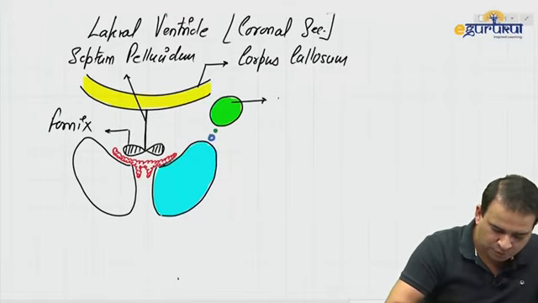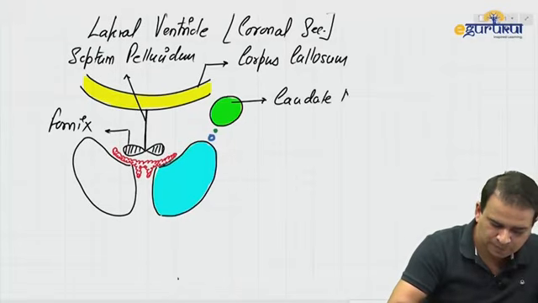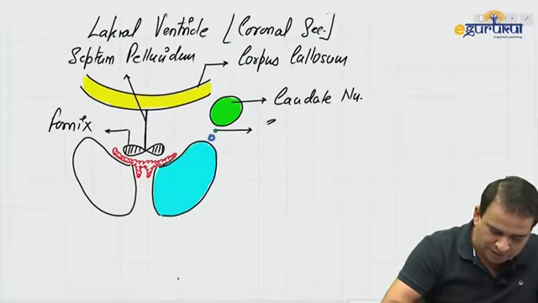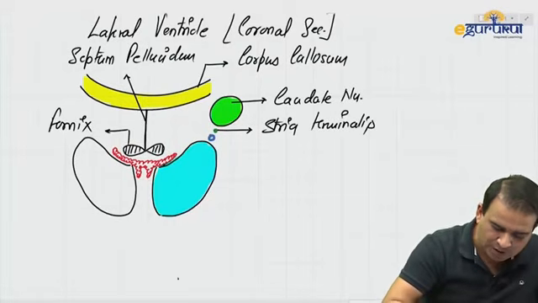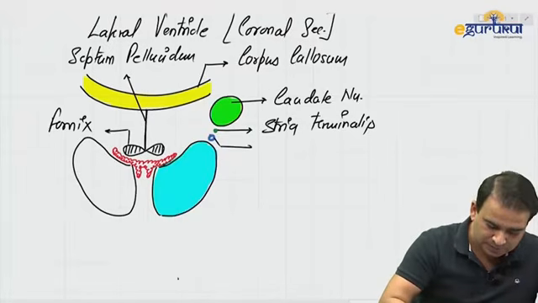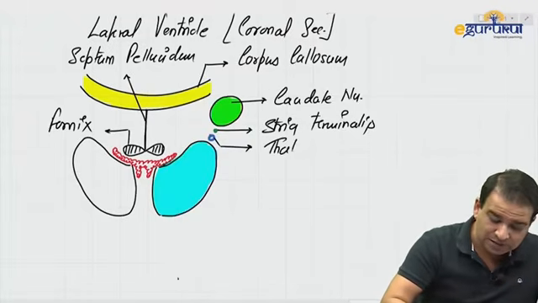So here is the body of the caudate nucleus, followed by the stria terminalis. To remind you again, the major output of the amygdala, the stria terminalis. The vein that is thalamostriate vein.